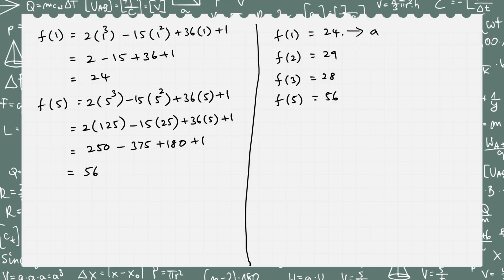So that will be our absolute minimum. And 56 is the maximum amongst all. So 56 will be our absolute maximum. That's the conclusion.